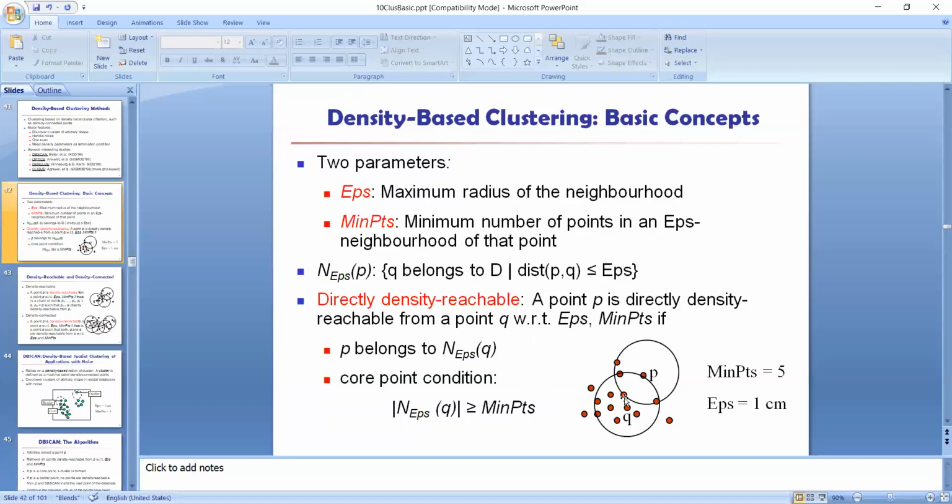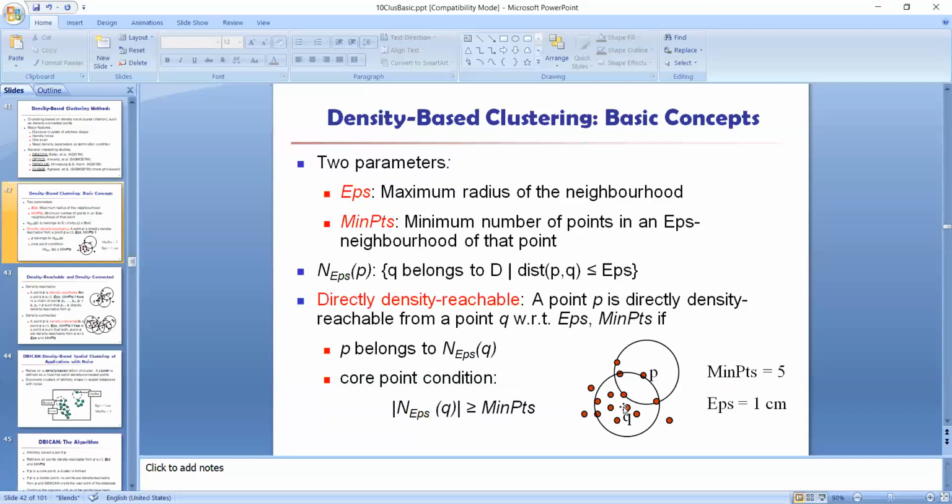So if I'm taking the point P, and I'm giving the condition that minimum points is equal to 5 and epsilon is equal to 1 centimeter, I can draw a circle of radius 1 centimeter for the given epsilon value, and I can count the number of points within the neighborhood of P. So it is 1, 2, 3, 4, right? 4 points are there. So it is not satisfying minimum points equal to 5, which indicates that it is not a core point.